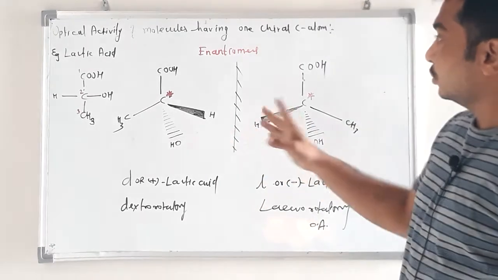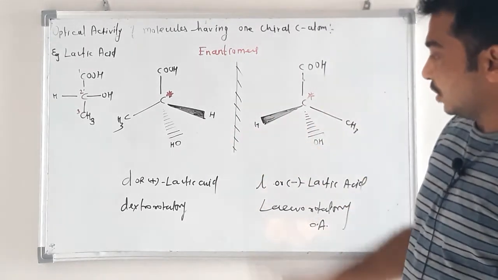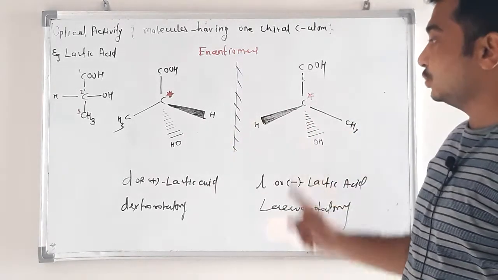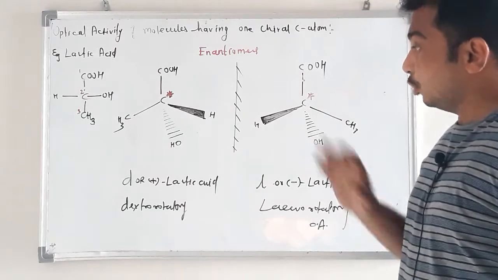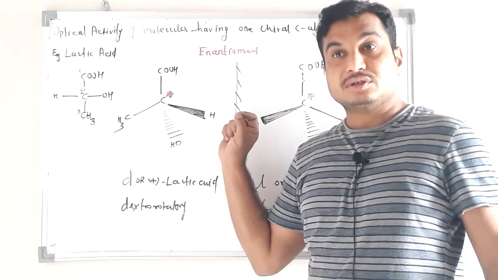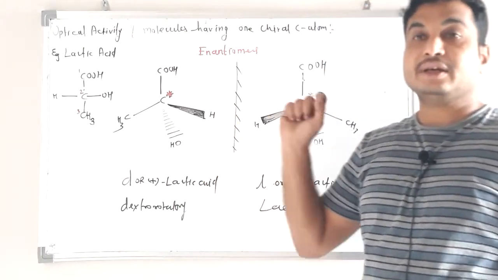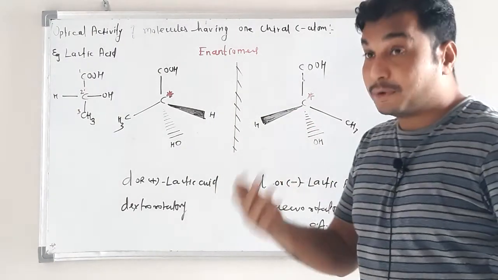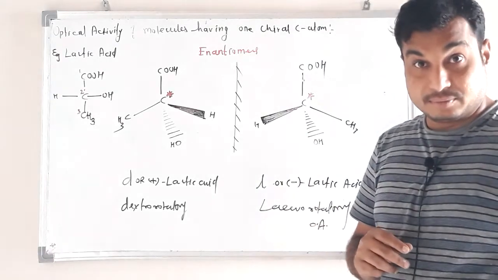So these are the two stereoisomers. One is dextrorotatory and the other is levorotatory, and they are enantiomers of each other. Both structures or molecules are optically active. Now a third type of lactic acid is also possible. How?